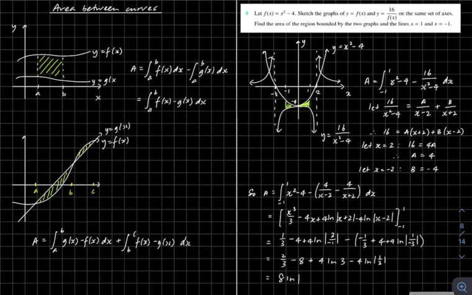We don't really need that anymore, do we? 8 ln 3. And what's that? 8 times 3 is 24, so minus 22 over 3. So 8 ln 3 minus 22 over 3. Then you could grab your calculator and check that that does actually give you, we're expecting a small positive value for that one there.